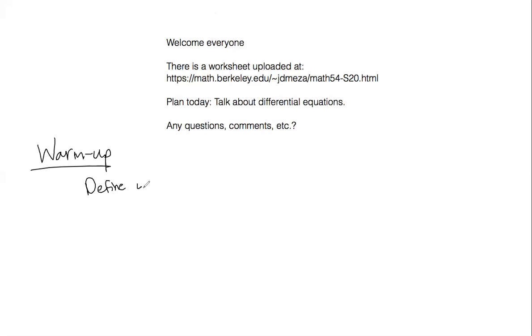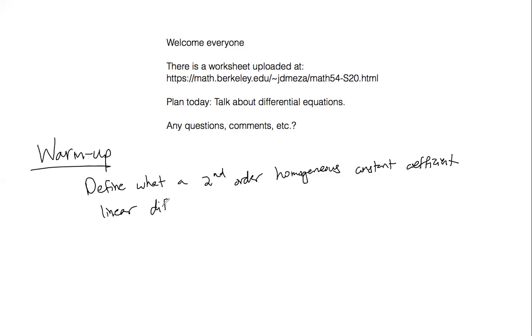Define what a second order homogeneous constant coefficient linear differential equation is. There's a lot of descriptors there.